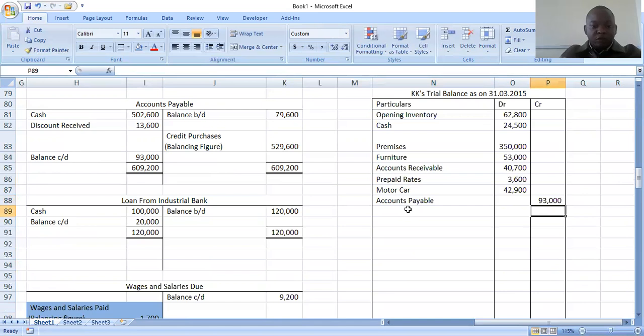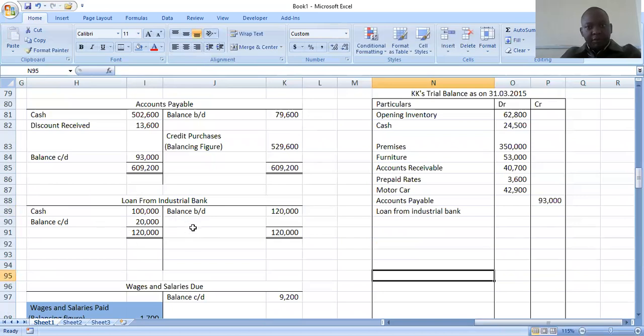Then we have loan from industrial bank. This is a liability, and being a liability, it's a credit balance. So 20,000 is a credit balance, as you can see.